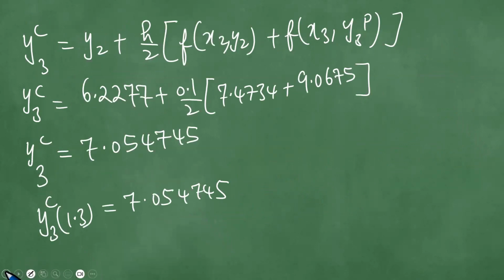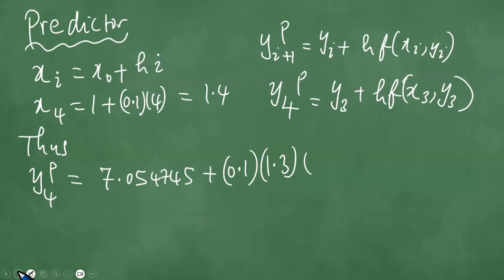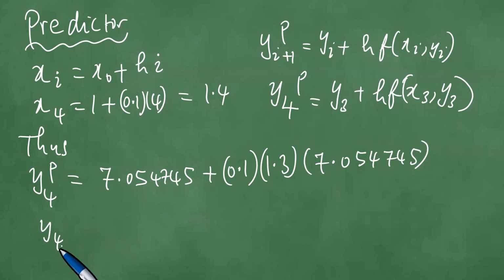It's the same thing we got, this one here of the corrector, 7.054745. Y4 predictor.